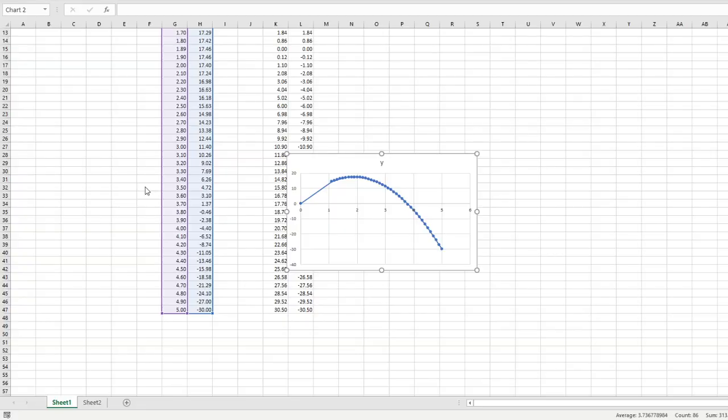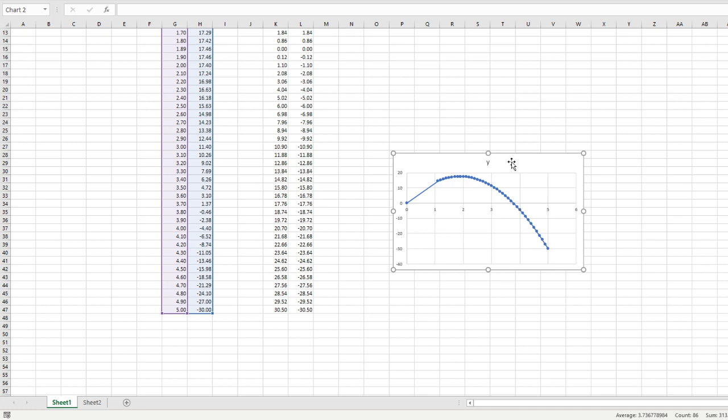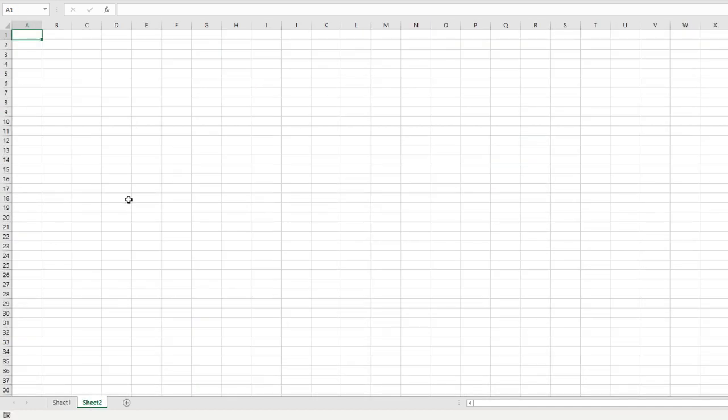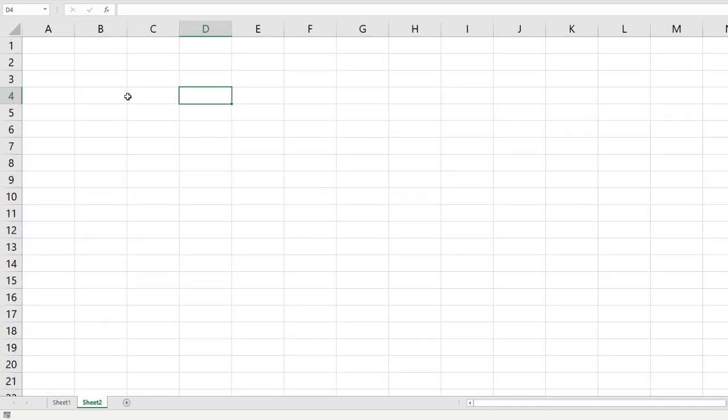In this program, as shown here, you have a pre-made graph, but we will start from scratch so that you can follow through on how this is done.